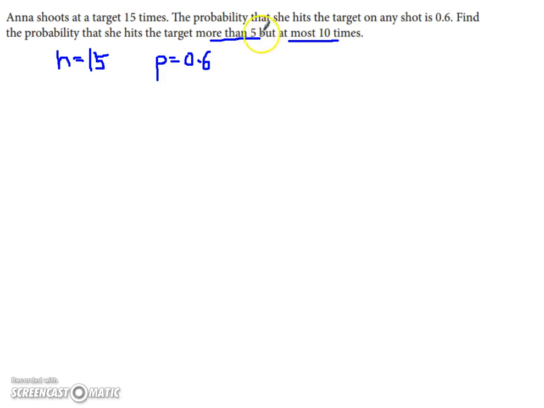The probability that we have to find is a little bit tricky. More than 5, let's put that in terms of math notation. At most 10 means maximum 10, less than or equal to 10.